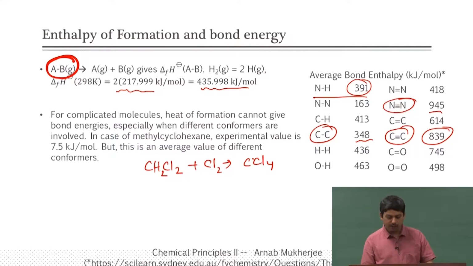So we cannot calculate the CH bond strength by this, because there are other residues and substituents involved in this process. So it is very difficult to get only the CH bond energy by the heat of formation method.